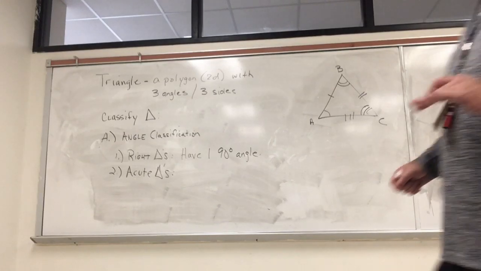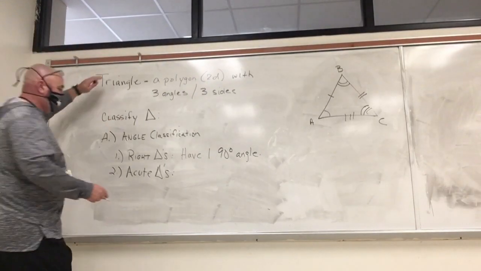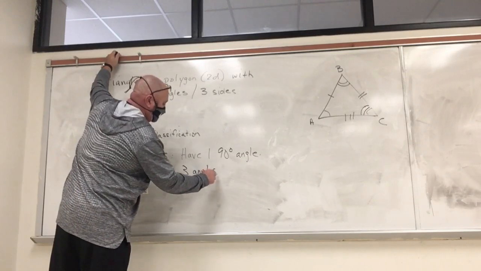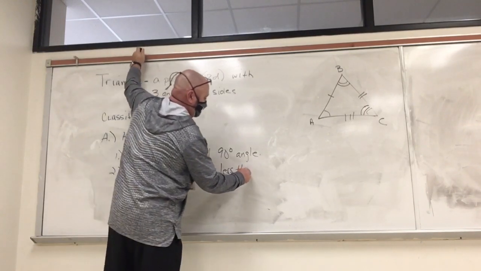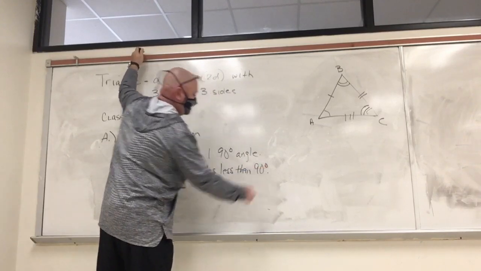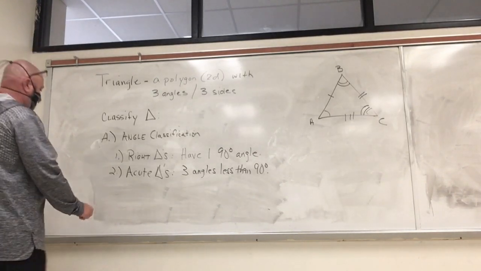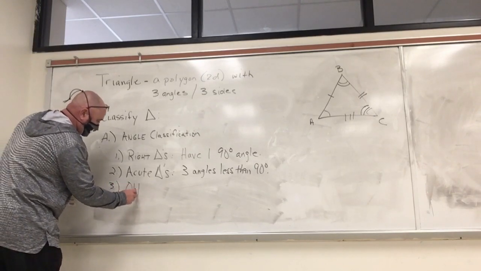So all three angles in an acute triangle must be less than 90 degrees. Number 3, obtuse triangle.